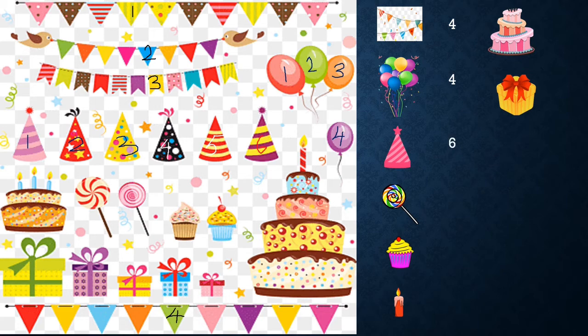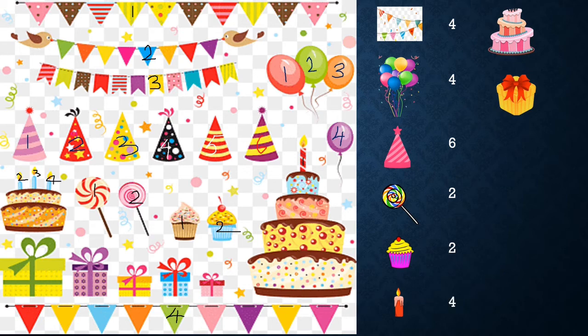And they bought how many candies? There are just 2 candies, that is 1 and 2. And they have 2 cupcakes here. And let us count the candles. It is 1, 2, 3 and 4. There are 4 candles.